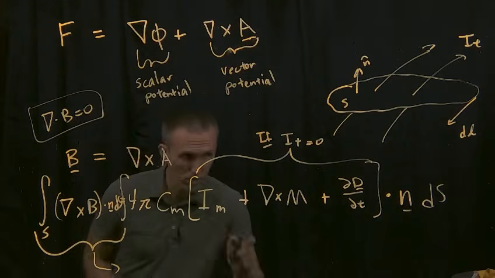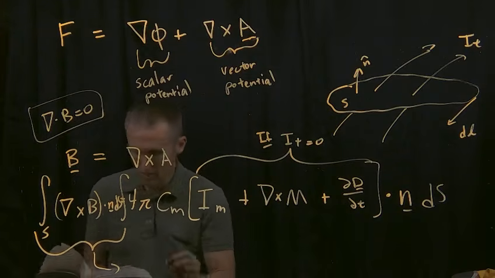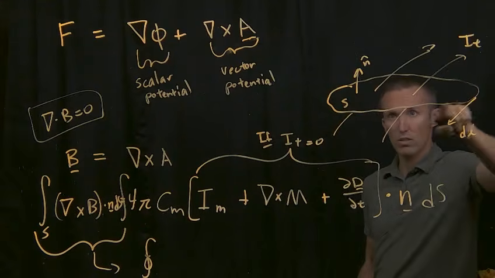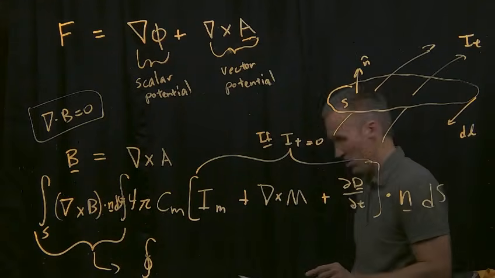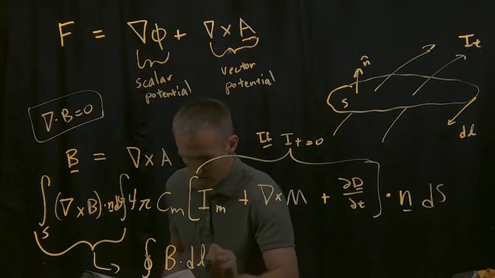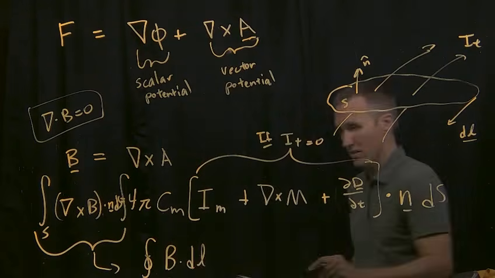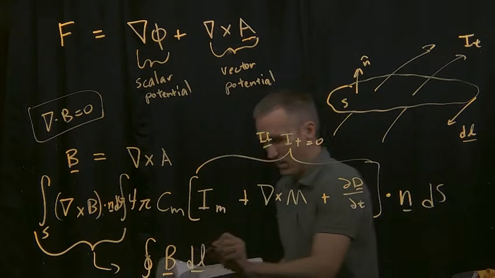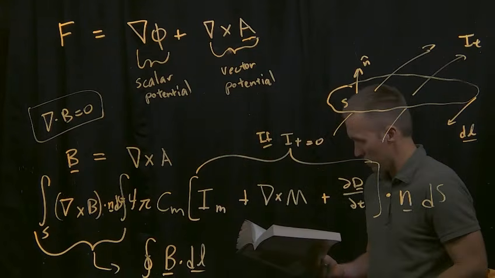So we're going to rewrite this using Stokes' theorem to be the integral around this loop. Again, we've got an outer edge to this surface, so it's the integral around the loop. There's our little line increment, which is also a vector, taking the dot product there.